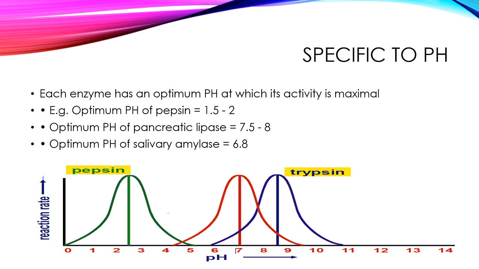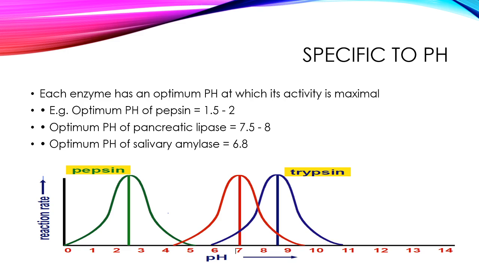So enzymes are specific for their pH requirement. Some enzymes are active in acidic pH, below 7, some are active in basic pH, above 7, and some are active in neutral pH. So it will also vary.